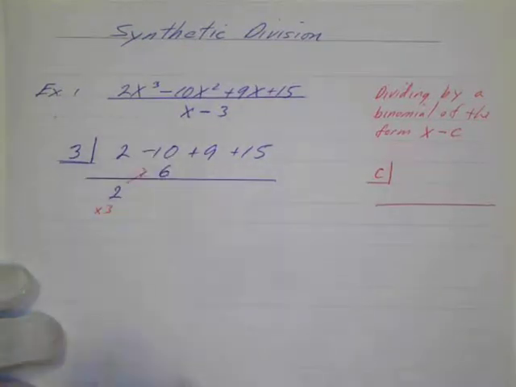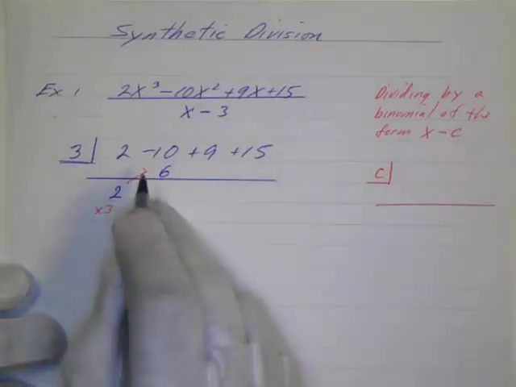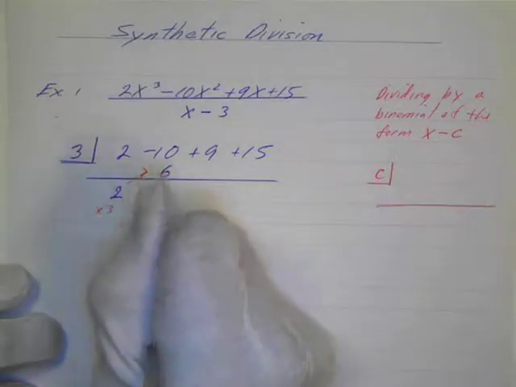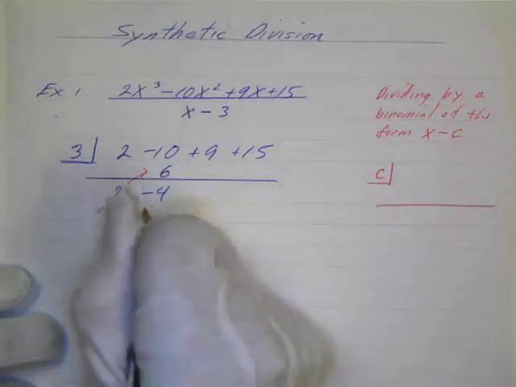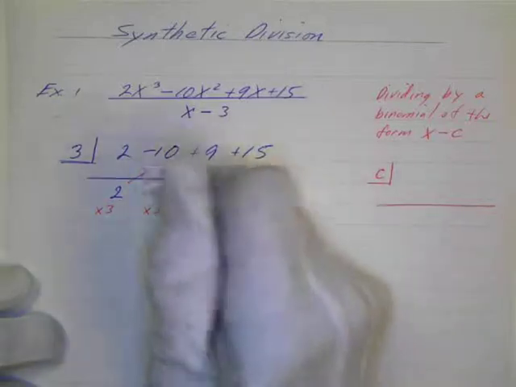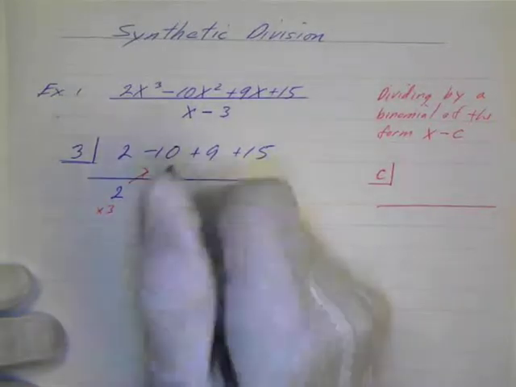And then you just add. What's negative 10 plus 6? That's negative 4. Then you multiply by 3 again, times 3, and that's going to be negative 12, and you put that right up here.